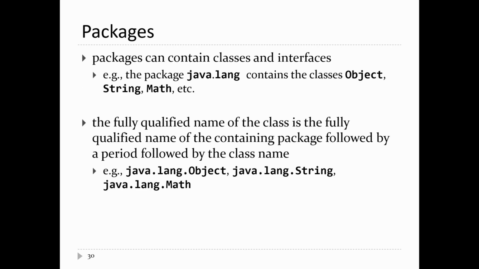Just like with packages, the full name of a class includes its full package name, followed by the name of the class, everything separated with periods. So the full name of String is java.lang.String, right? And you can always use the full name wherever you want. It's awkward, it's a lot to type in, but you're always allowed to use the fully qualified name of a thing in Java.